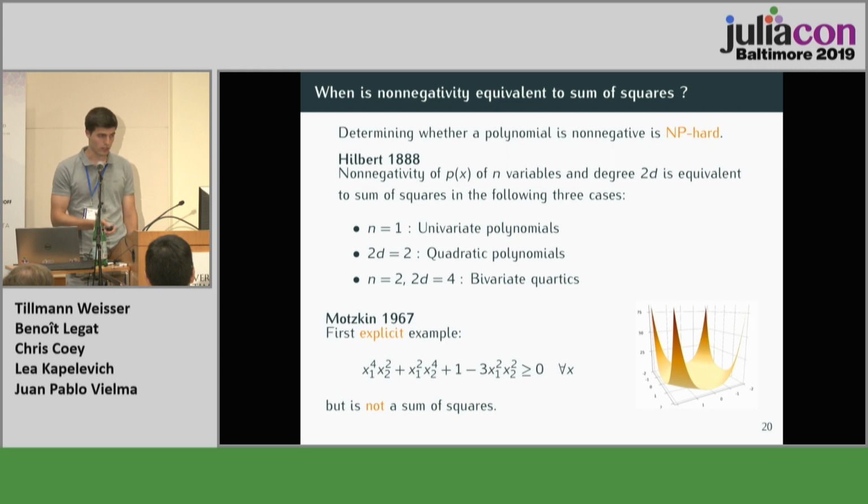But that's not the case in other situations, where there are counterexamples. Yet nobody found a counterexample, and we had to wait until 1967 to have the first one. The Motzkin polynomial is non-negative everywhere, as you can see in the plot, but there is no sum of squares decomposition of the polynomial that can show that.